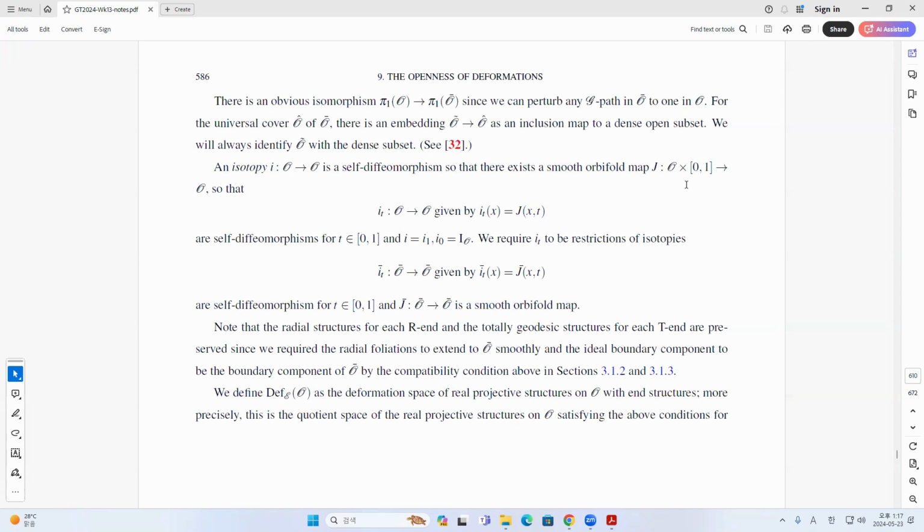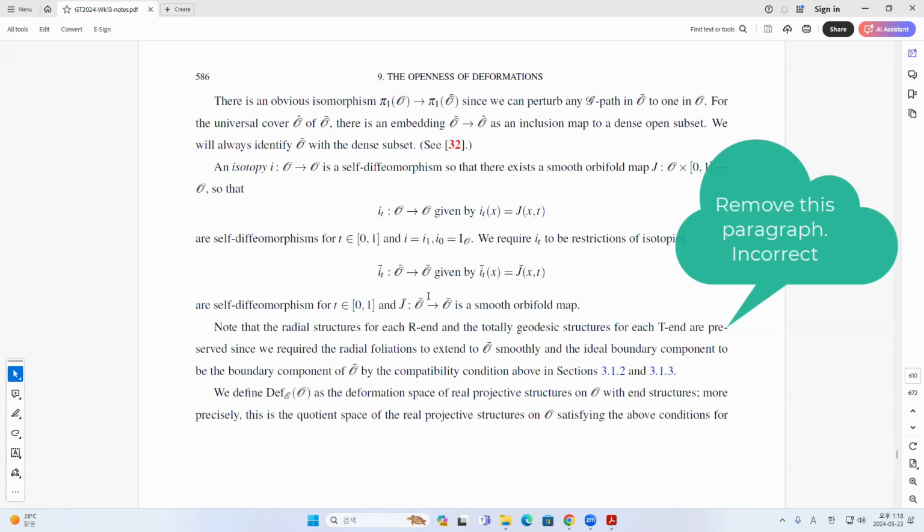So of course we need the fact that this is a smooth orbifold map, and we require I_t to be the restriction of the isotopies. Of course this isotopy has to extend to O bar as well. Because of all these conditions, this is a requirement.